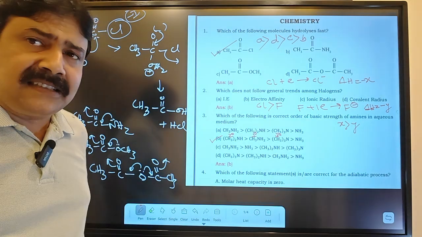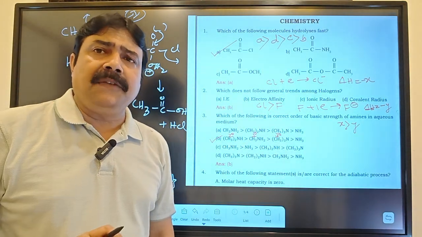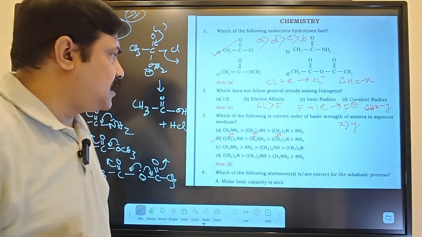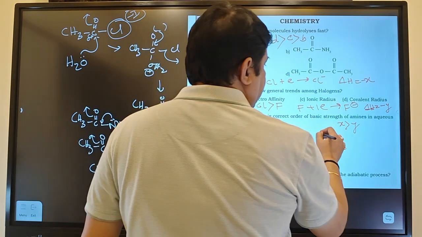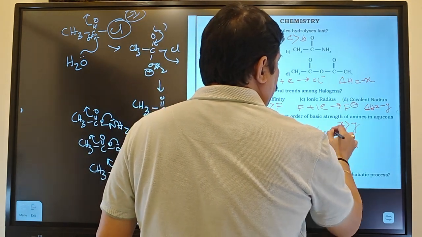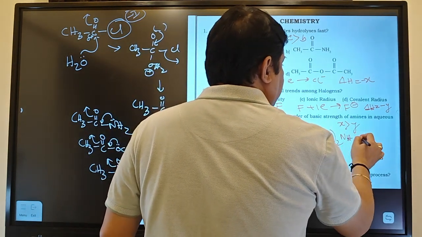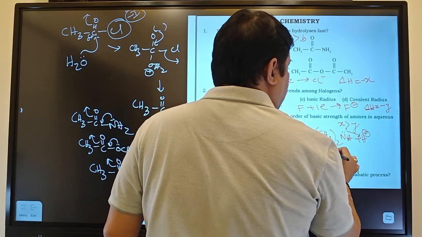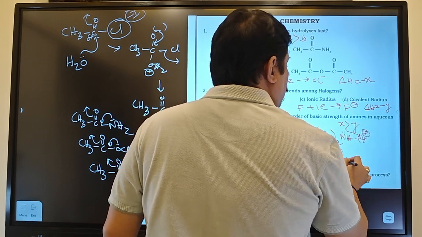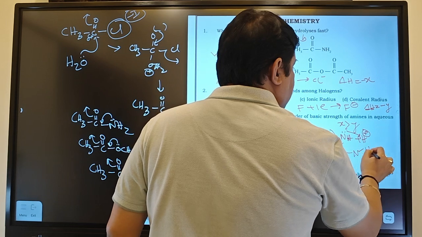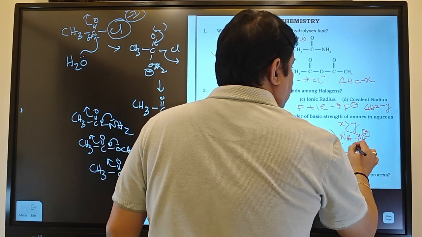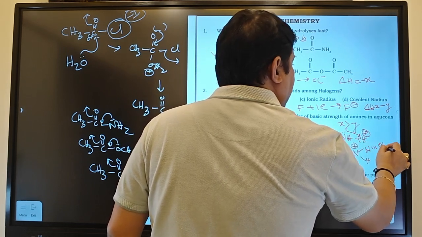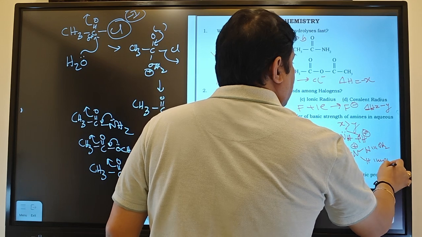And why is this happening? There are two factors I am explaining. After donation, if you look at this secondary amine, why is the secondary amine more basic? After donation of the electron to the H plus, it will form (CH3)2NH2 plus. Now this will undergo stability via hydration by water molecules.